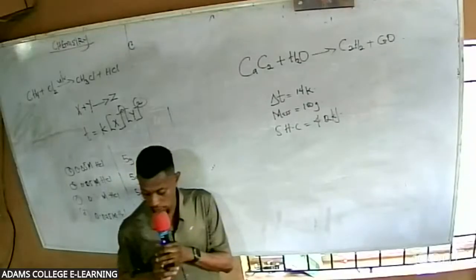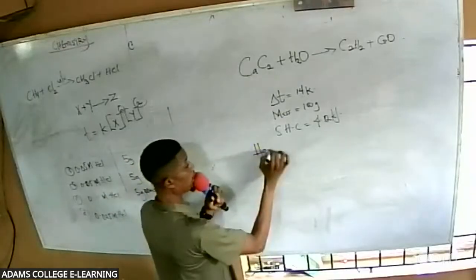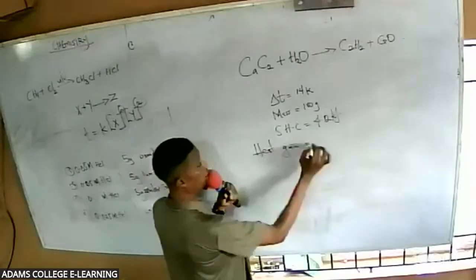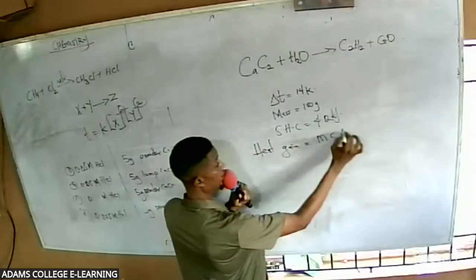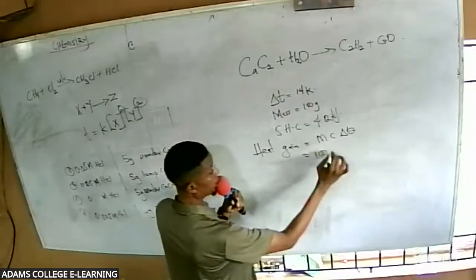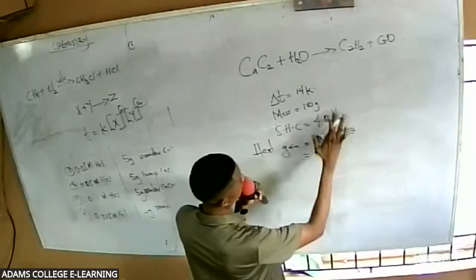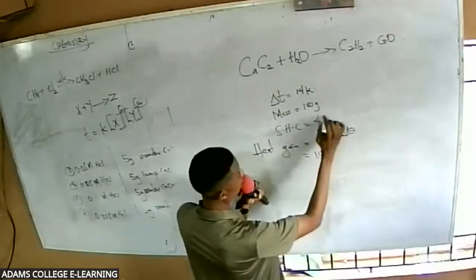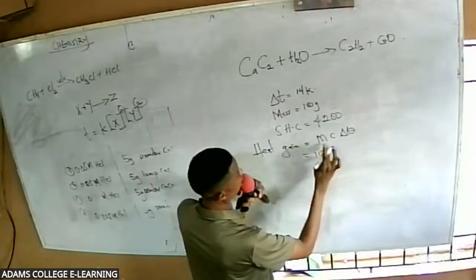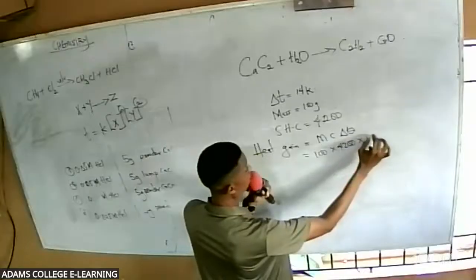Okay, we can get one of the questions. So in this case, the heat gained by water equals mc change theta. What's the mass here? 100 multiplied by the specific heat capacity, 4,200, that would be in joules, right, multiplied by 14.